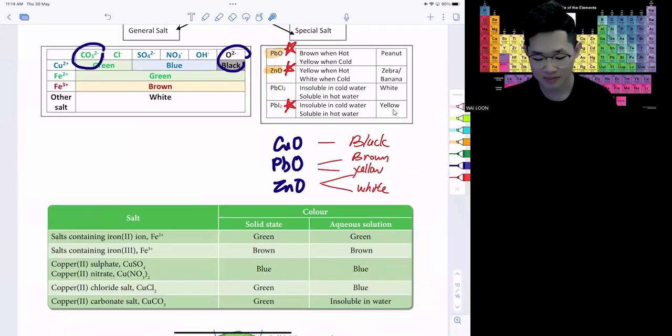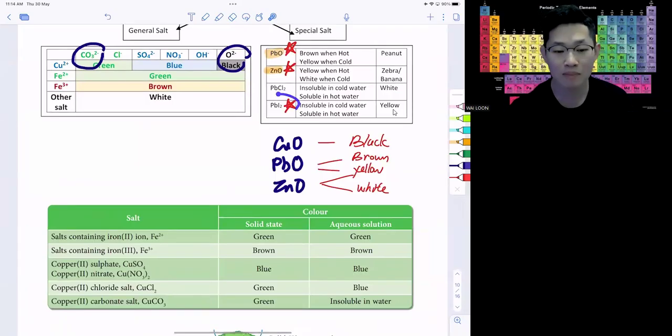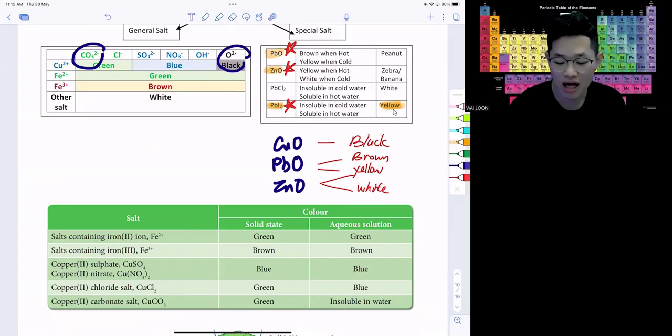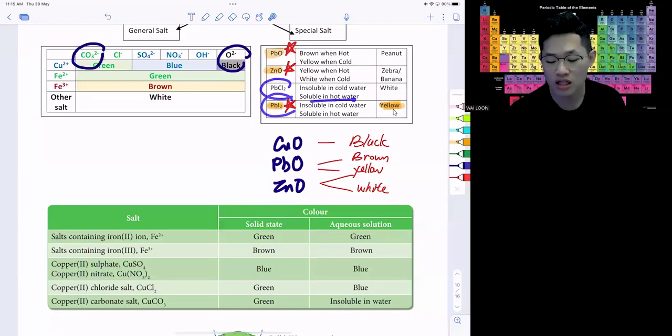Please remember that PbI2 is yellow in color. PbI2 is yellow in color. For those who can already do very well in chemistry, you can also remember that lead(II) chloride and lead(II) iodide are soluble in hot water.